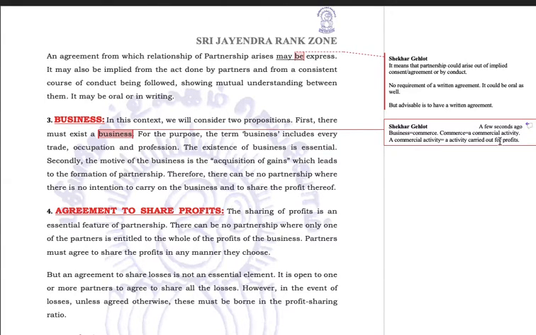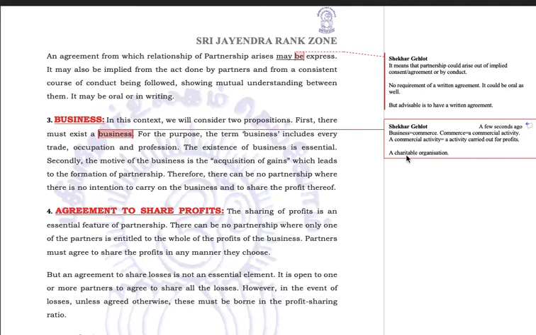If you are not interested in profits, your organization is going to be a charitable organization, and a charitable organization cannot be a partnership. Why? Because the Act says a partnership can only be one which is carrying on business activities for profits. That means any activity which is bringing home some profits.